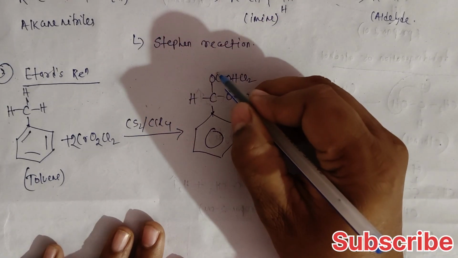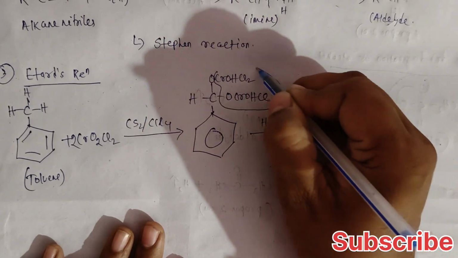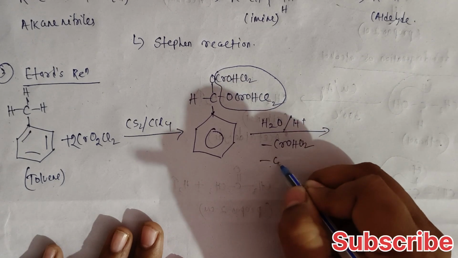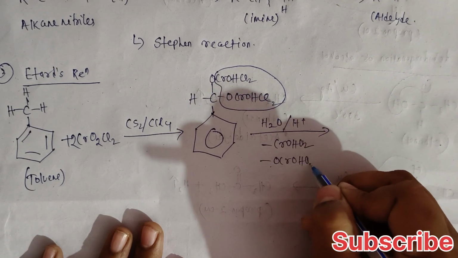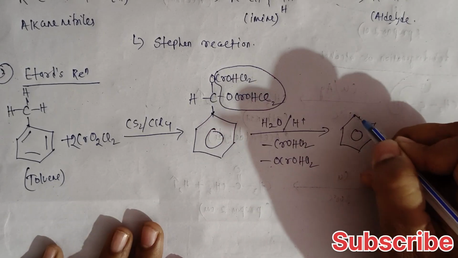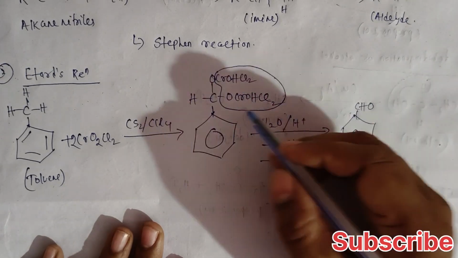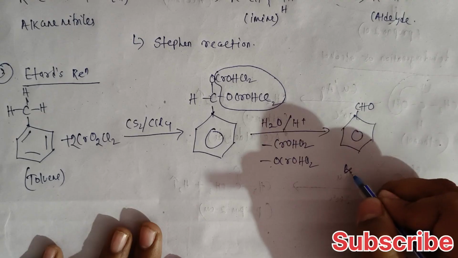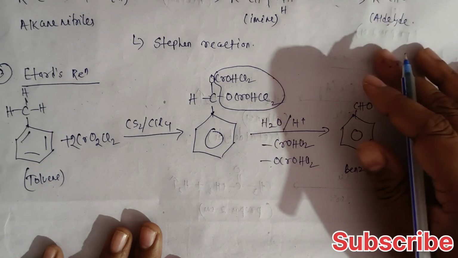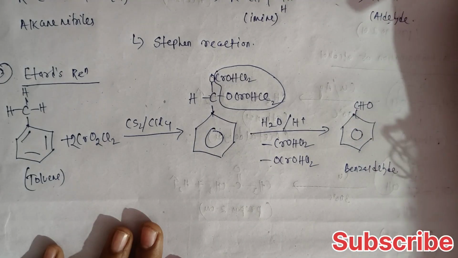This compound will be released, minus CrOHCl2 and minus OCrOHCl2 will be removed, and we will get a compound called benzaldehyde, CHO. This reaction is called Etard's reaction. I hope it is clear to all of you.